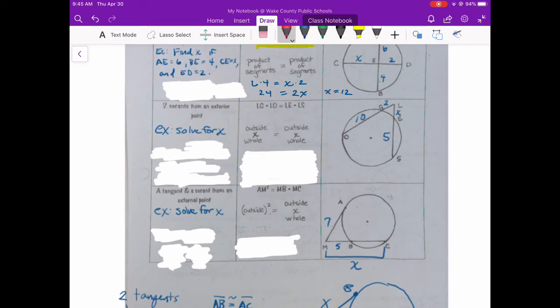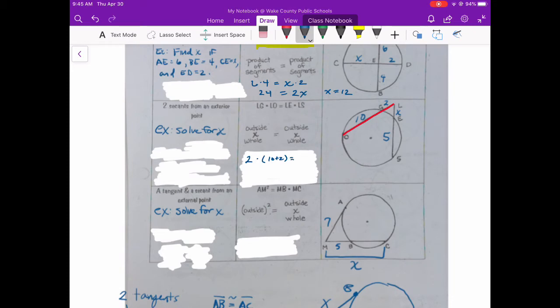So we're talking about this guy right here. What I mean by outside times total is the outside portion is LG, and that is 2 units long. And the total is going to be 10 plus 2. So outside part 2, and then the total is the two things added together, 10 plus 2.